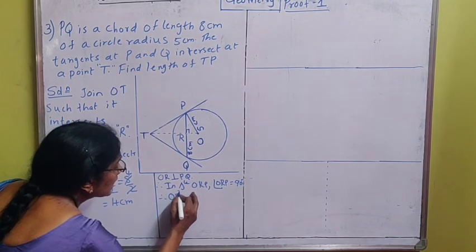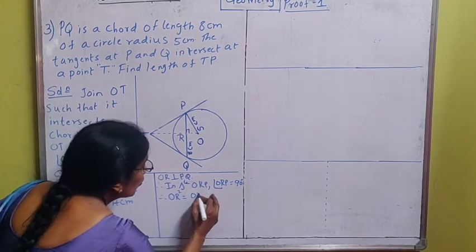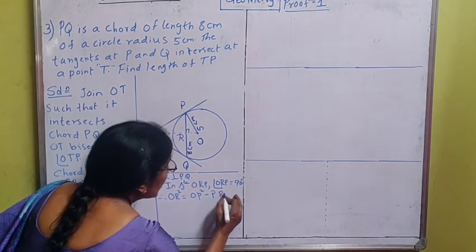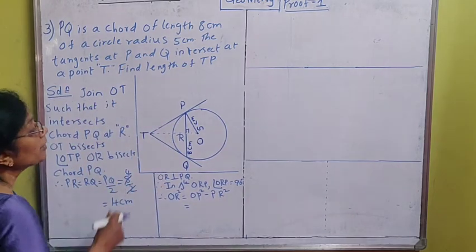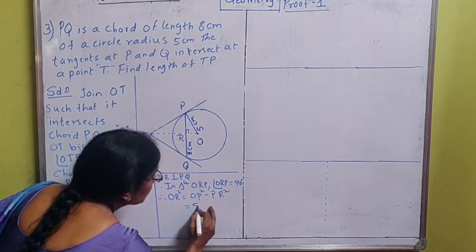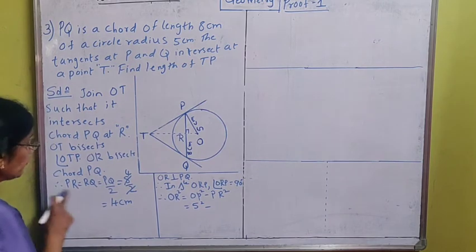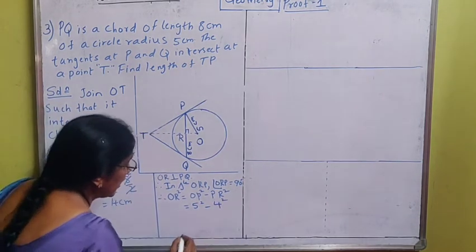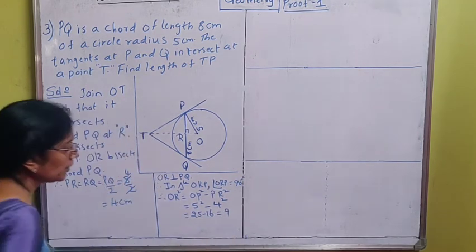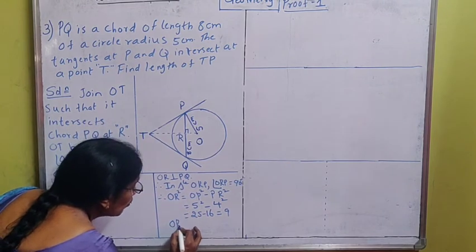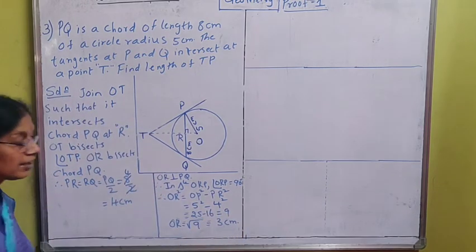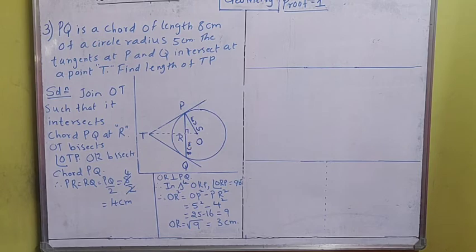Therefore, OR square is equal to OP square minus PR square. OP is given to you, it is 5. So 5 square minus PR square, and PR we just found is 4, so 4 square. That will be equal to 25 minus 16, which is 9. So you got OR square. So OR is equal to square root of 9, that is equal to 3 centimeter. So you got the measurement as 3 centimeter.